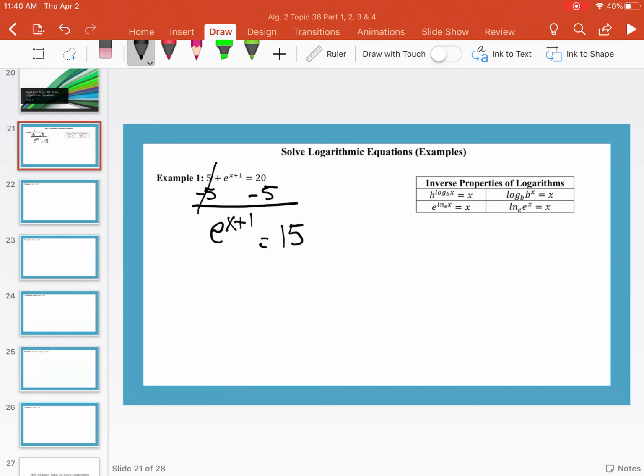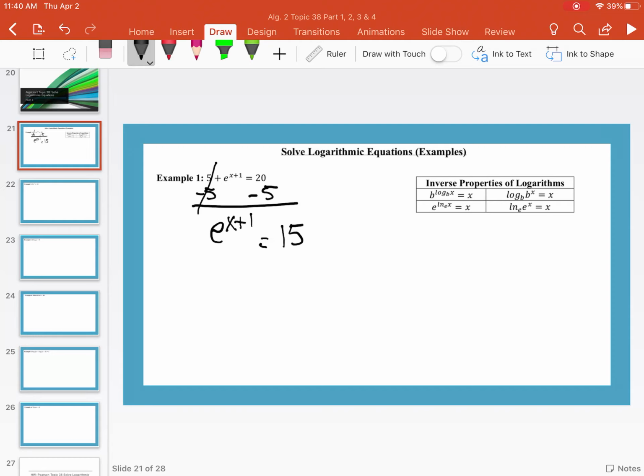Now, taking note of our inverse properties of logarithms, we have b to the log base b of x equals x, or log base b of b to the x also equals x, as well as the corresponding properties for natural logarithms, which are the same thing. Here, we have a base of e.